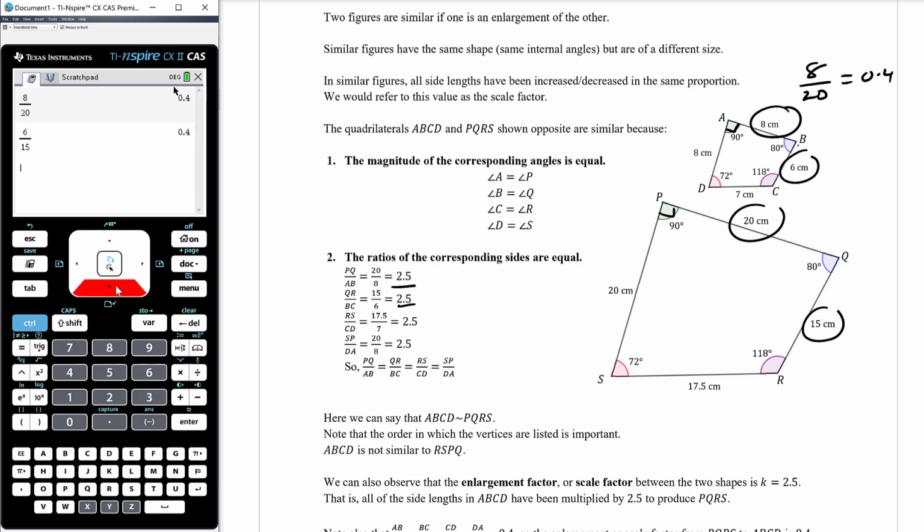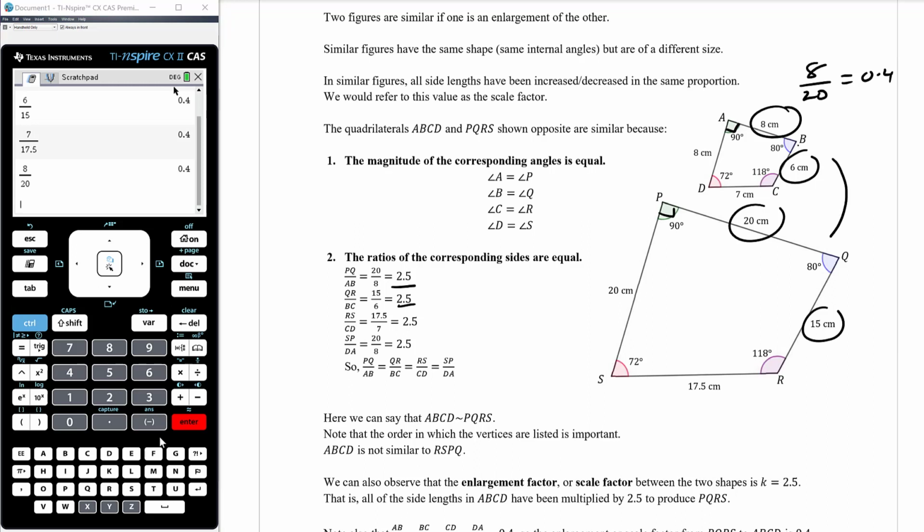We should again be able to check 17.5 against its corresponding side length, which is 7. The smaller one, 7 divided by 17.5, that's also 0.4, and 8 divided by 20 is also 0.4.